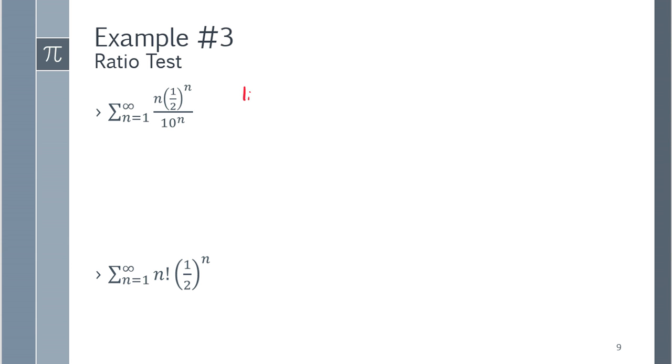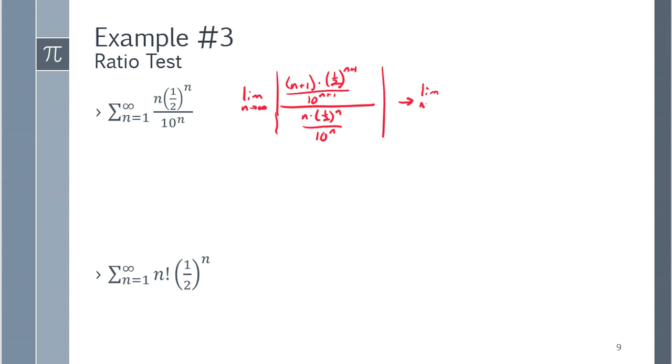So that means I'm doing the limit as n goes to infinity of the absolute value, to make sure everything's non-negative, of the n plus first term compared to the nth term. So that gives me the limit as n goes to infinity of the absolute value.